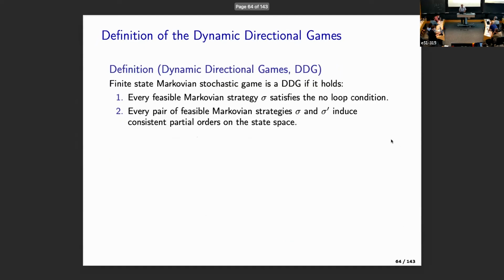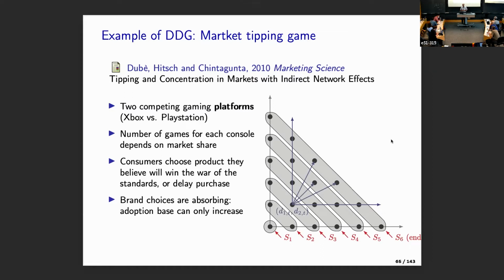Now, is the leapfrogging game the only game that we have that is directional? Well, no. So, for example, a couple of examples here. Dubé, Hitsch and Chintagunta in 2010. This is a tipping point game where the adoption of a gaming platform, the value of adoption, depends on the market share of earlier adopters through availability of games for that particular platform.